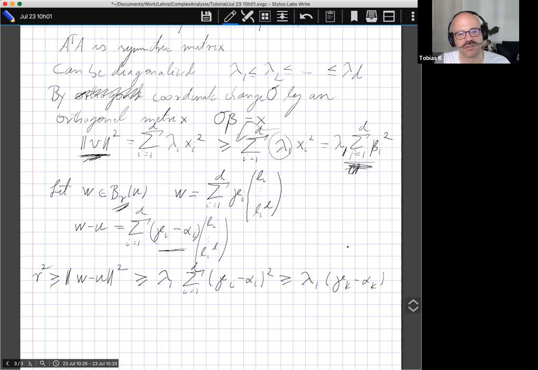And so what I see is that gamma k minus alpha k is less or equal to r divided by the square root of lambda 1. And this is true for every k, so in particular, this is true for the maximum over all k's.